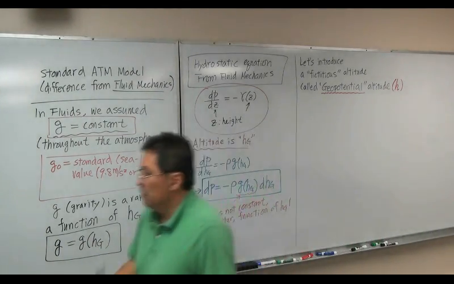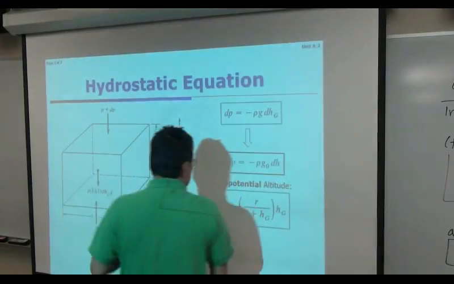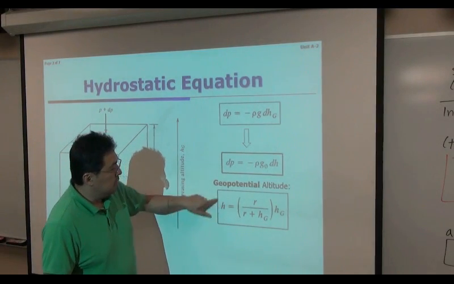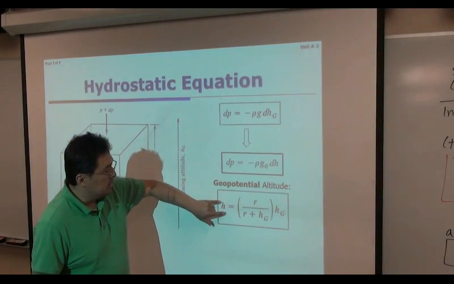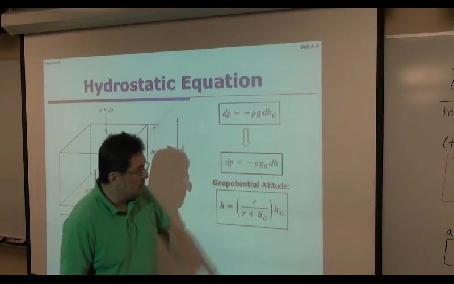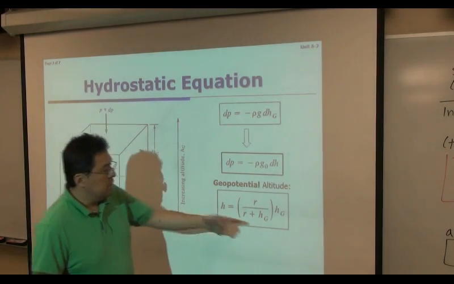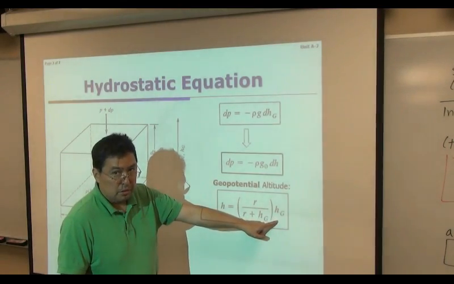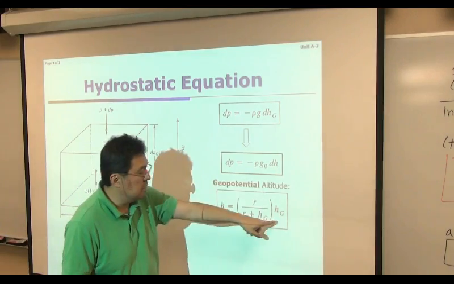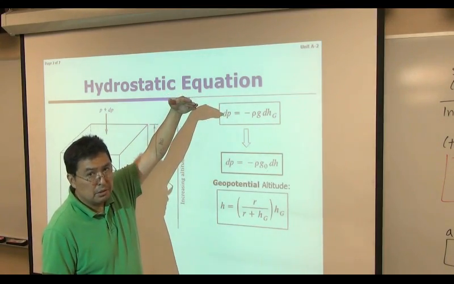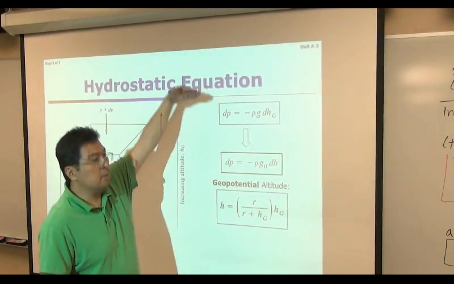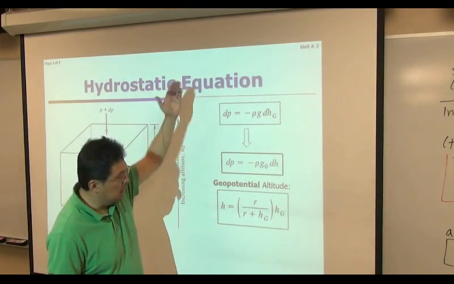What is the geopotential altitude? Let's take a look here. Geopotential altitude, h, is essentially a variable depending on hg. So hg is the actual altitude, the actual distance measured from sea level to the location of altitude. So if it's 5,000 feet altitude, that means 5,000 feet distance measured from sea level to the 5,000 feet location.